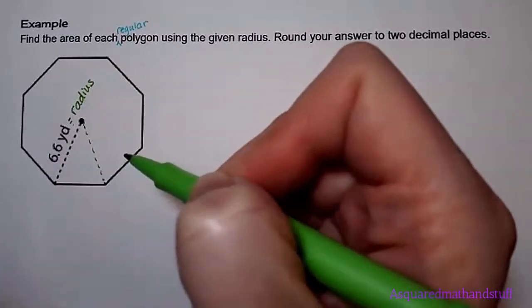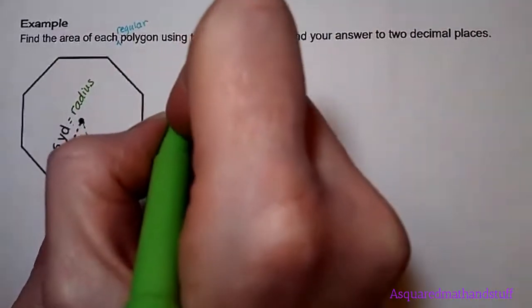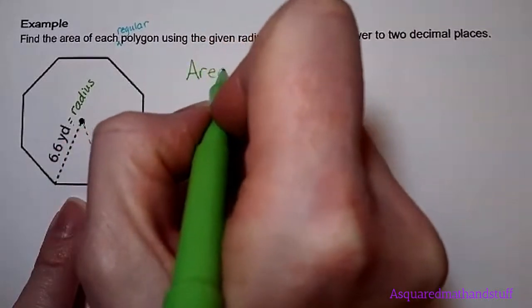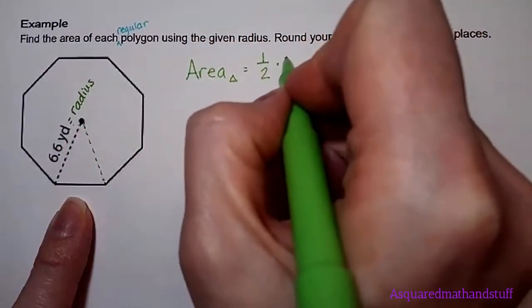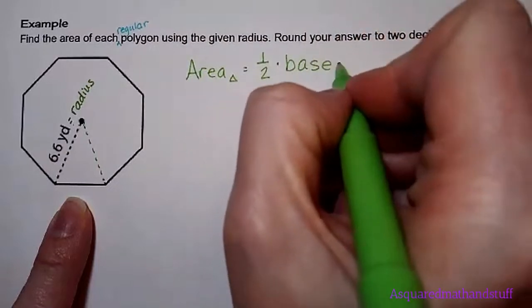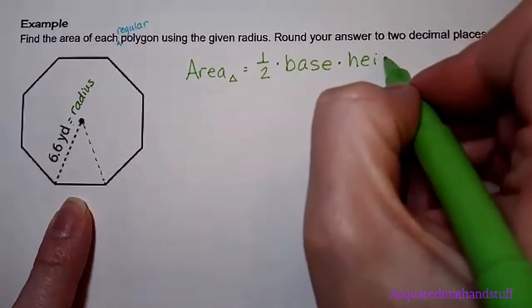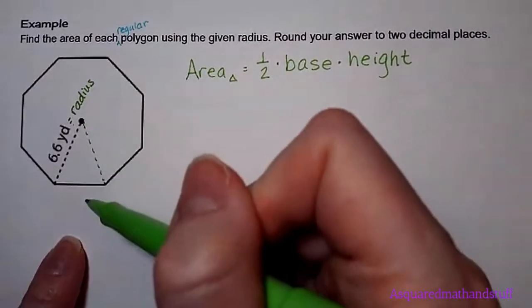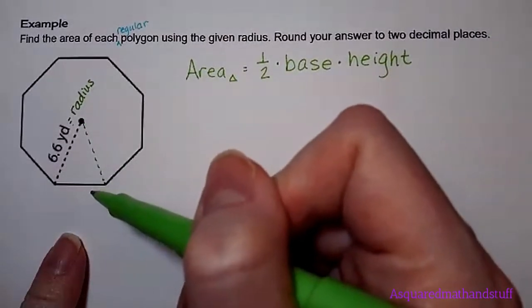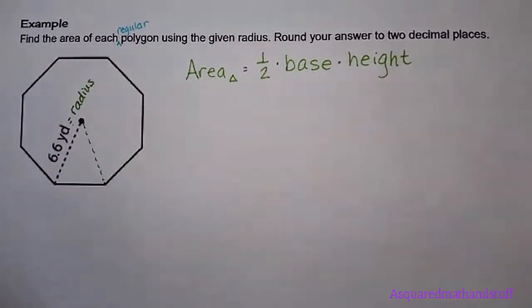So we have this triangle here, and we know the area of a triangle is equal to 1/2 times its base times its height. We don't know the base or the height in this case, but we do know enough information to calculate that using our sine, cosine, and tangent.